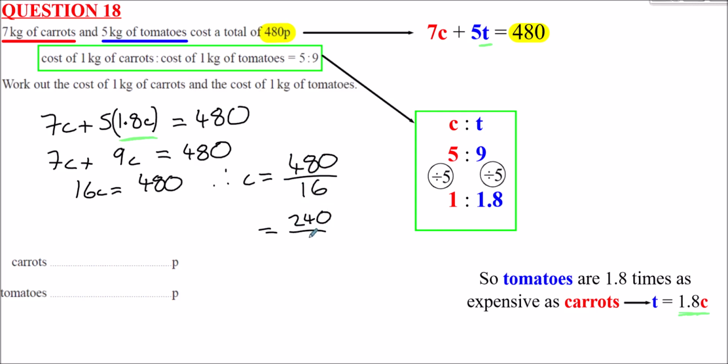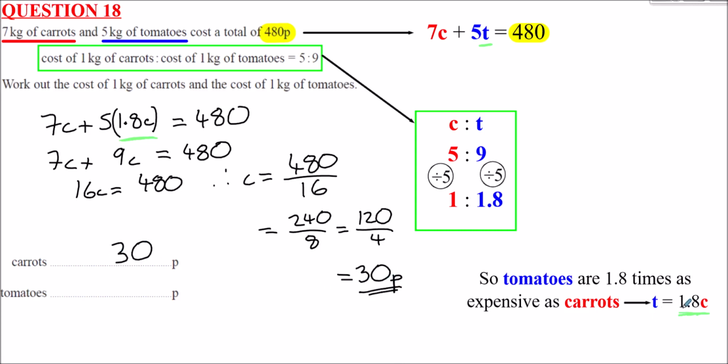Half of 16 is 8. We can half again. That gives me 120 over 4. And keep going until you can see what it's going to be. I think this is easy enough to compute now. 120 divided by 4 is just a quarter of 120, which of course is 30. So therefore the cost of 1 kilogram of carrots is going to be 30p.